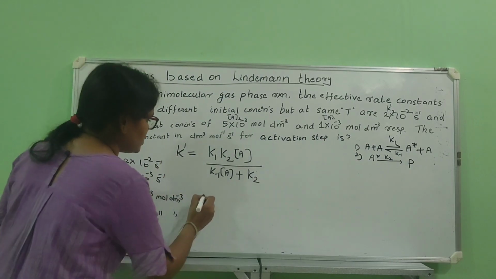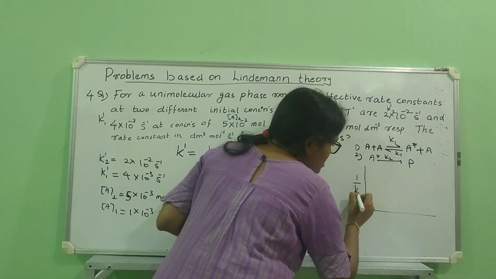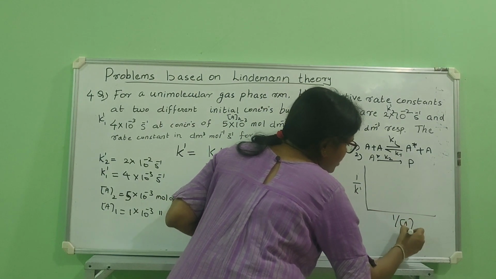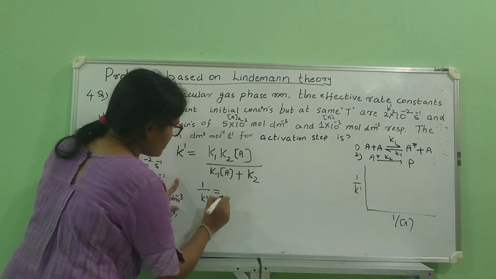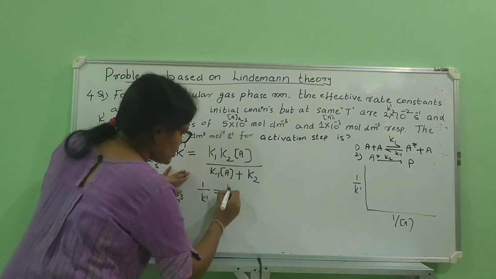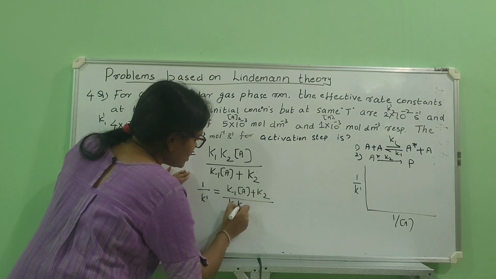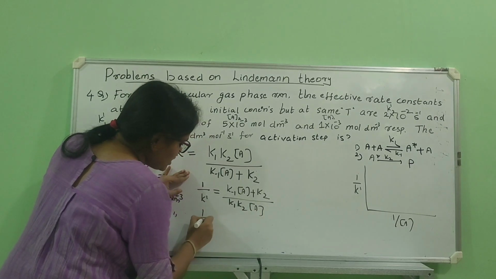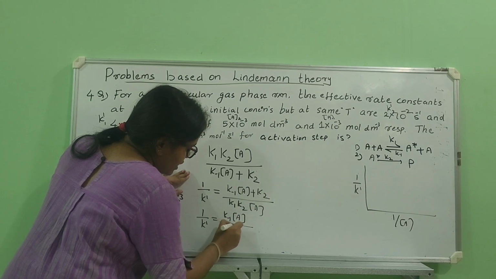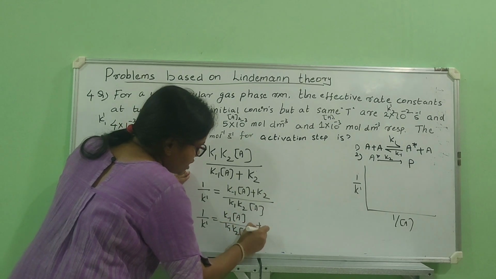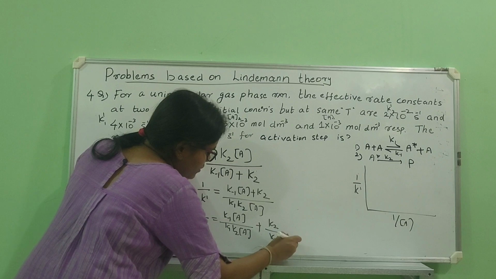So we know that there can be a plot between 1 by K dash. So in theory portion we have seen this plot 1 by K dash versus 1 by A. So what is 1 by K dash? So 1 by K dash will be, I need to invert this, okay? So it becomes k minus 1 into a plus k2 by k1 k2 into a. Now I will split this, okay? So after splitting, I will get k minus 1 into a by k1 k2 into a plus k2 by k1 k2 into a.